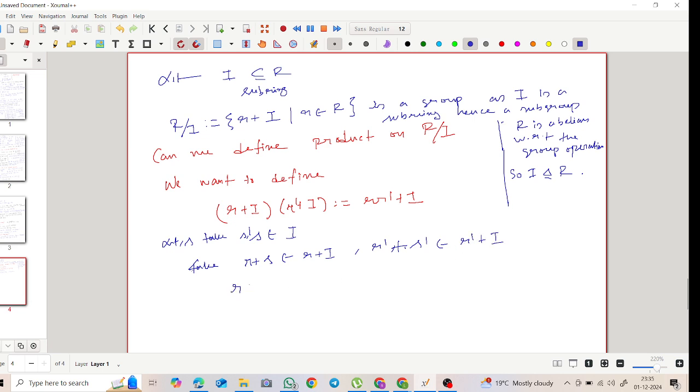Multiply these two. This is inside this coset, right?